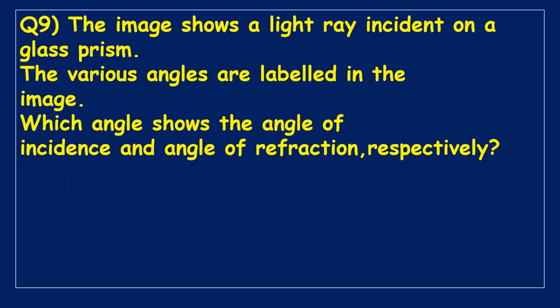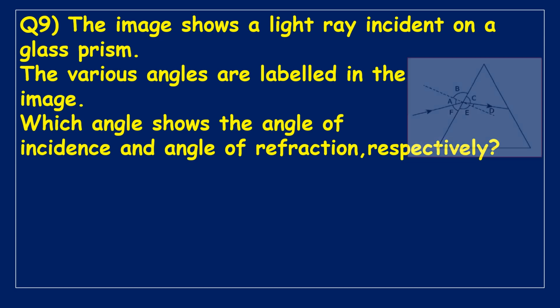Next question. The image shows a light ray incident on a glass prism. The various angles are labeled in the image. Which angle shows the angle of incidence and angle of refraction respectively? Now let's see the picture and then we'll find out what is the angle of incidence and what is the angle of refraction.